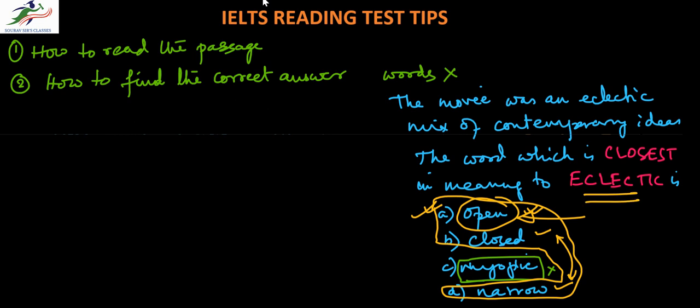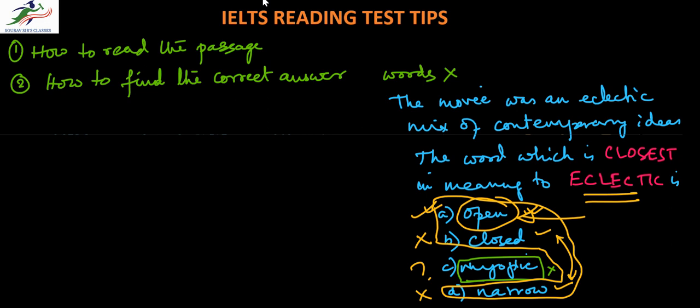So you see that just by elimination you can arrive at the correct answer even when you don't know the meaning of one of the words or one of the choices.